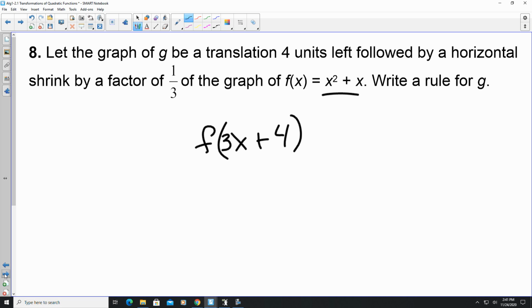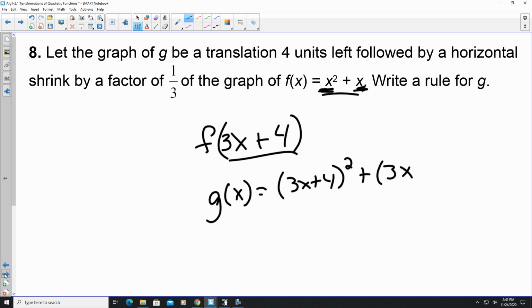So again, same thing, wherever I see x, I replace that with 3x plus 4. So my g of x is going to be equal to (3x plus 4) quantity squared plus (3x plus 4).